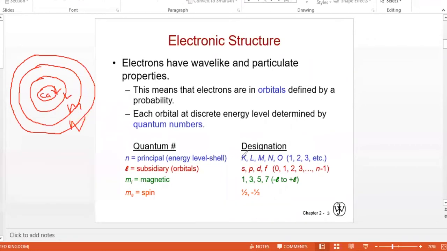So this is what is meant by KLMNO, the principal energy level.